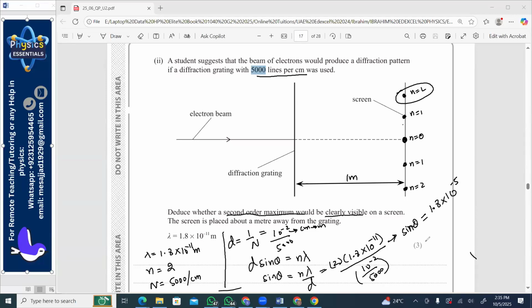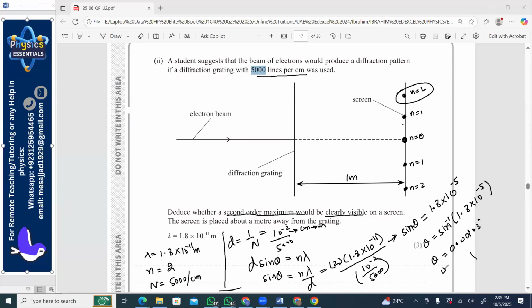And from here, theta is sine inverse of this. When we do the sine inverse of this, the answer is going to be 0.00103 degrees. It's a very small number.